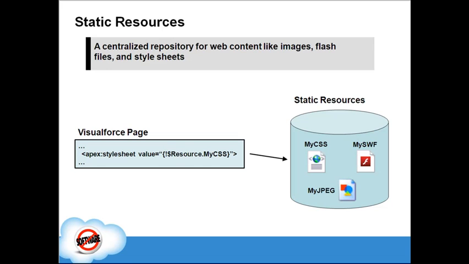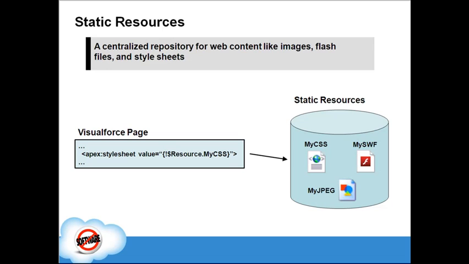Static resources are a feature of the Force.com platform that provide an optimized storage cache for supporting files referenced from Visualforce pages. Examples of the types of files that can be uploaded to static resources are image files, like a JPEG or a GIF file, Flash, which is in the format of an SWF Shockwave file, and cascading style sheets.